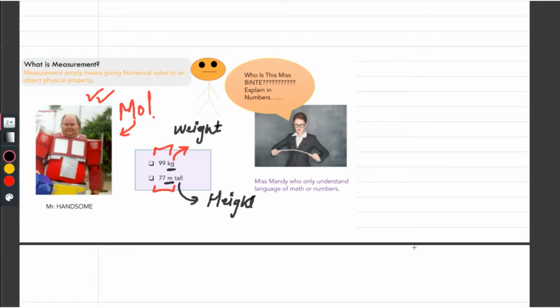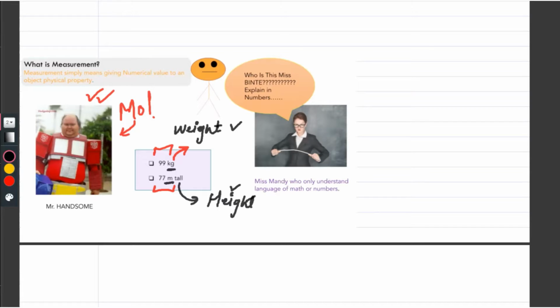So weight and height are physical properties, isn't it? But did I use the word weight in front of Miss Mandy, or did I just say 99 kg? 99 kg. So this is what measurement is.